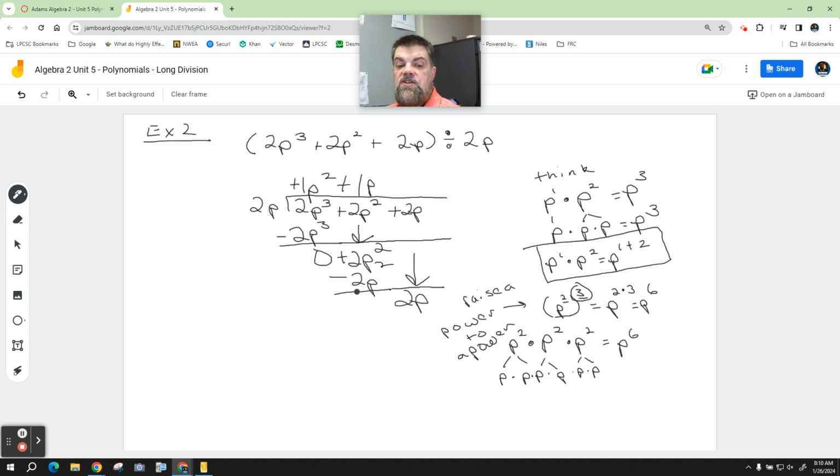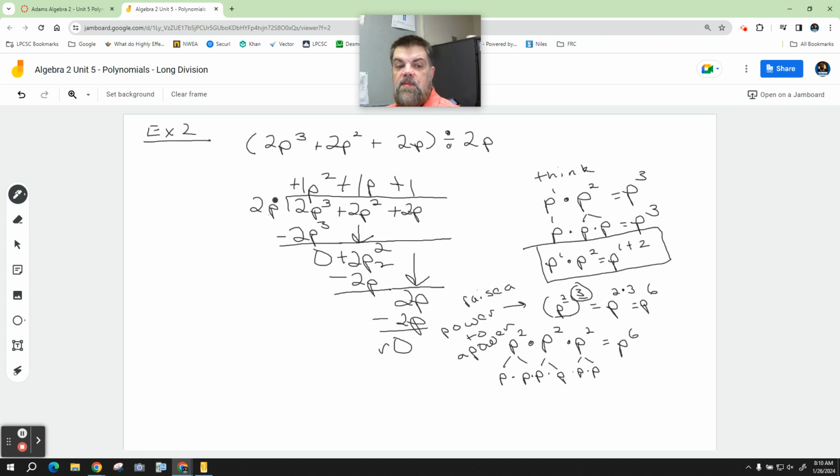What do I multiply 2 by to get 2? 1. Positive 1, so we put the plus sign down. What do I multiply p by to get p? 1, right? So that's the answer. 1 times 2p is just 2p. When you subtract it, you have a remainder of 0.